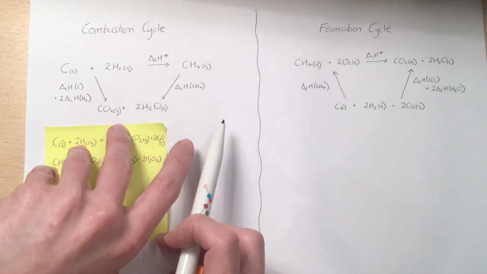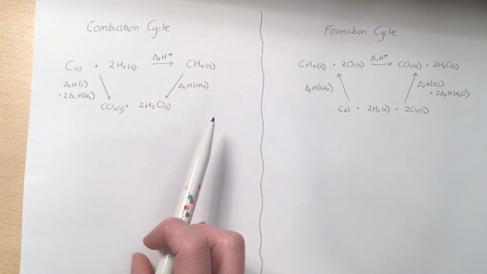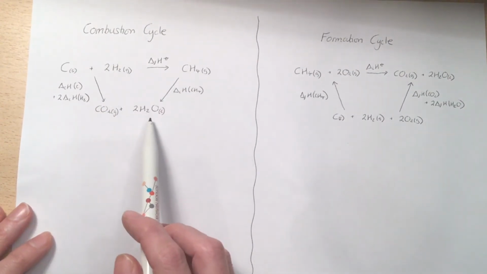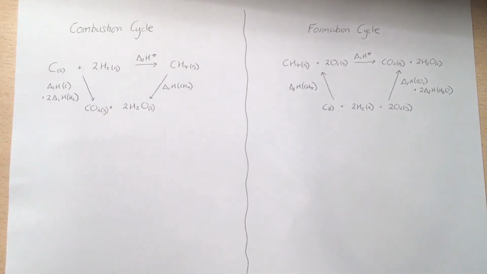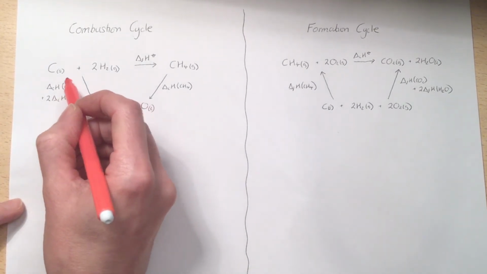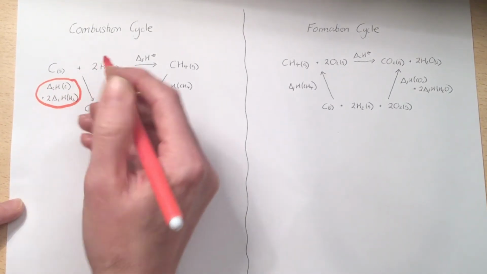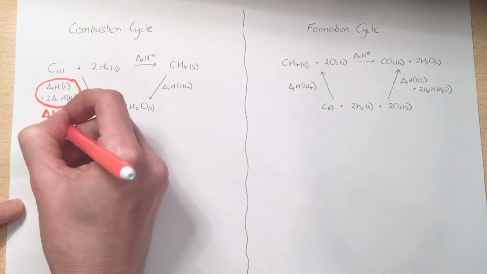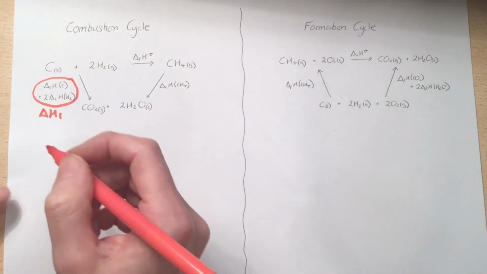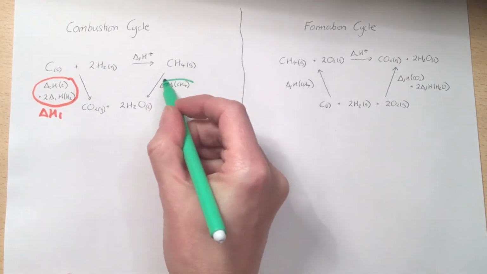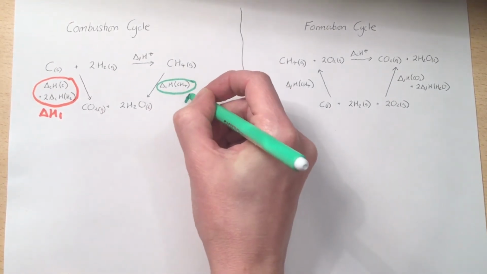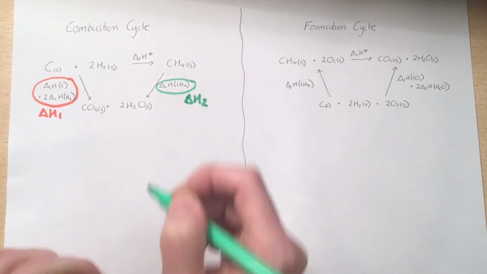So the combustion cycle has the arrows going down, and if we think about that in a slightly simpler way, we could say that all of this was delta H1 and all of this over here is delta H2.